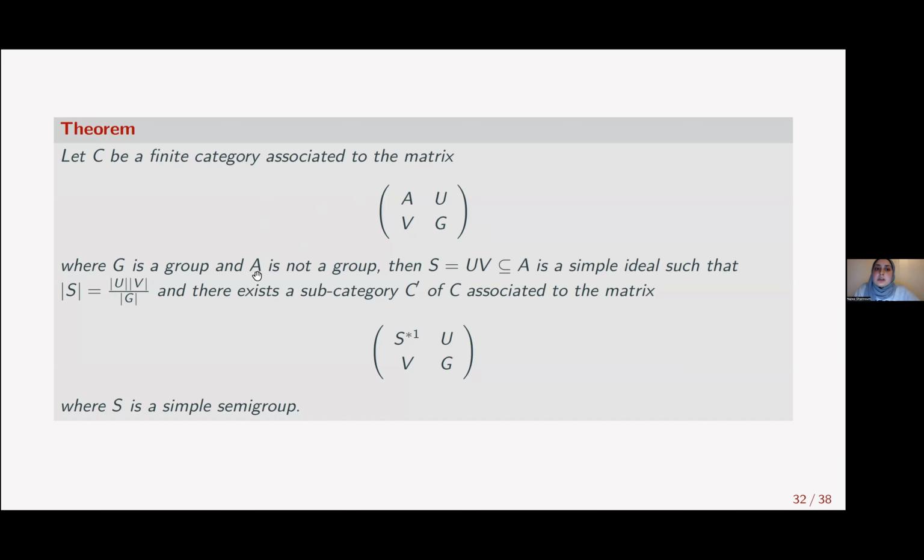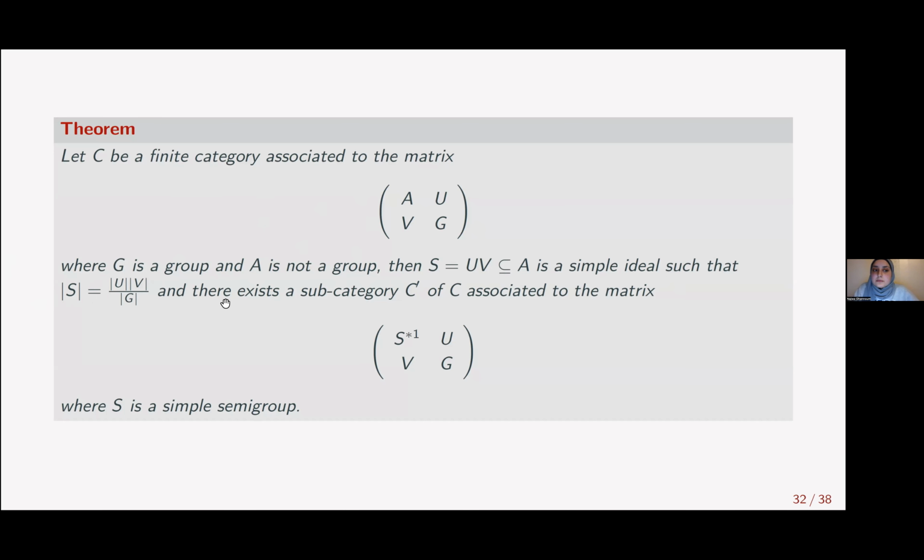And G is a group. Then the multiplication UV, which goes into A, is going to be a simple ideal, and we will call it S, such that its cardinality satisfies this.